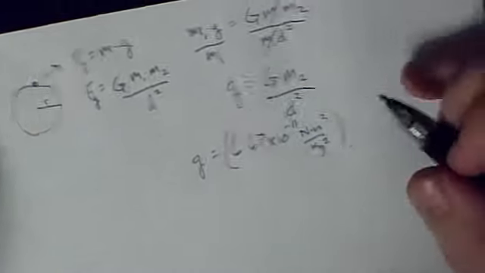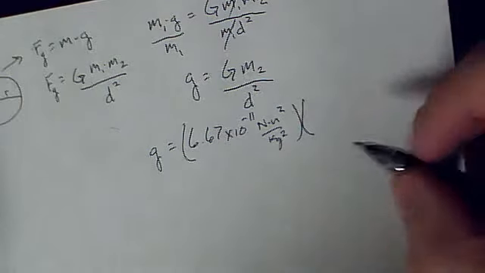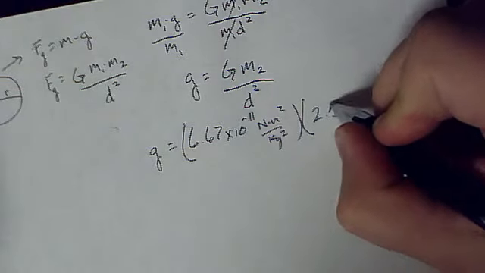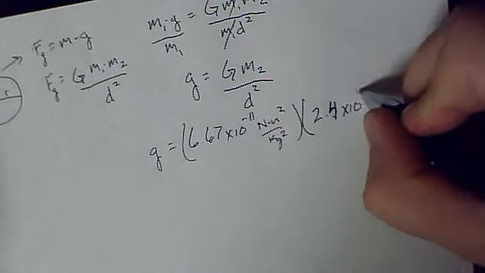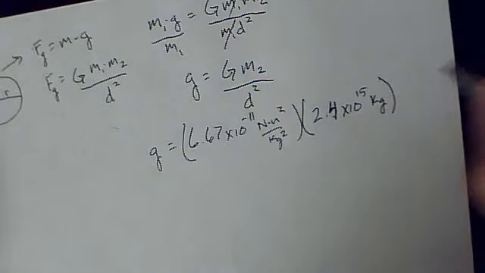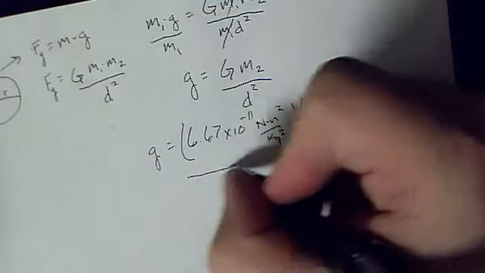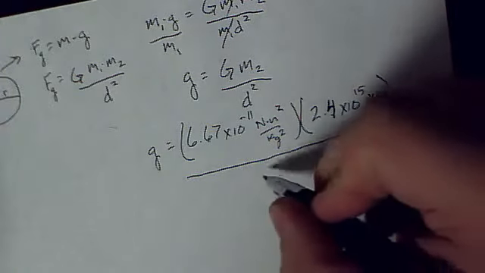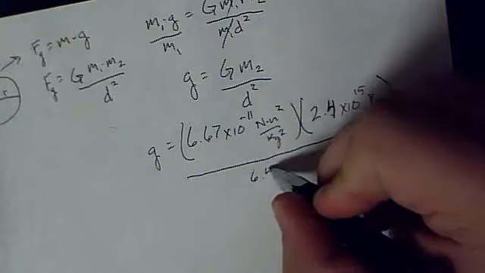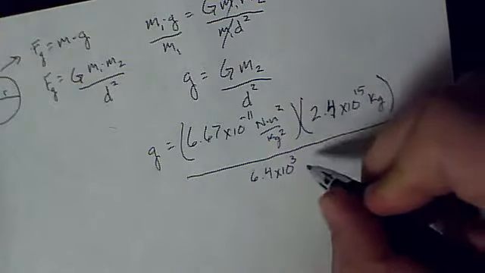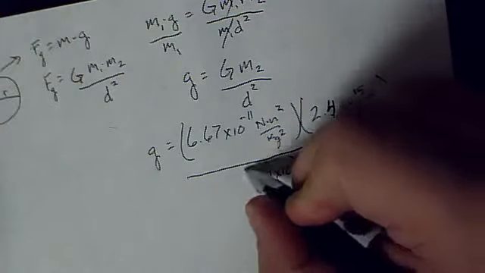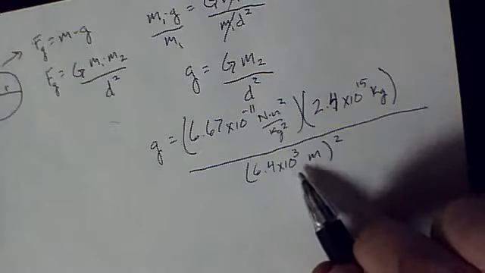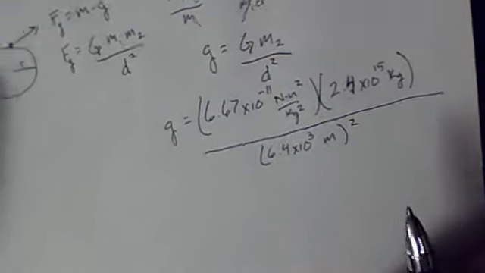That's big G, times the mass of the moon, 2.4 times 10 to the 15th kilograms, and I'm going to divide that by the distance, and it said 6.4 kilometers, so that would be 6.4 times 10 to the third meters squared, because a kilometer is 1,000 meters, so I multiplied by 10 to the third.